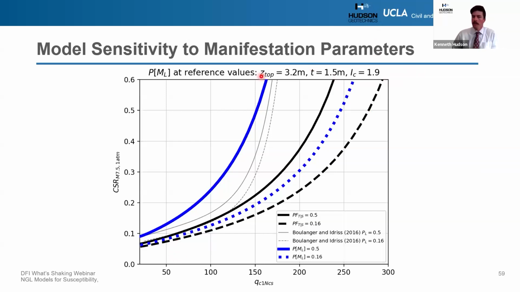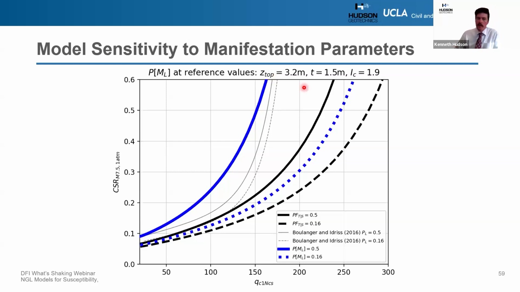Now, what happens if we evaluate the potential for manifesting that layer if it's buried 3.2 meters down, it's 1.5 meters thick, and it has an I sub C of 1.9? Those aren't random layer properties. Those are actually the average layer properties of critical layers that Bollinger and Idriss selected for their 2016 model.